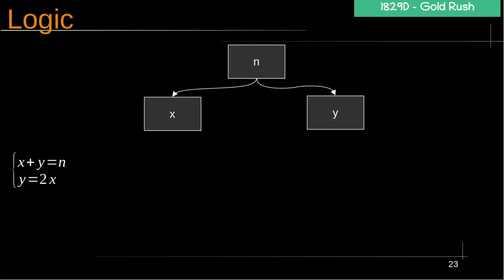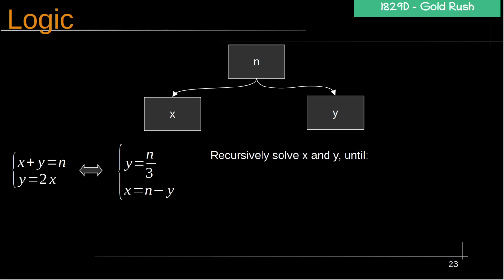So this is a system of equations. We have two equations here. We can resolve y is equal to 2n over 3, so x is equal to n over 3. It's very simple to understand. It's simple math here. You can do it by yourself.